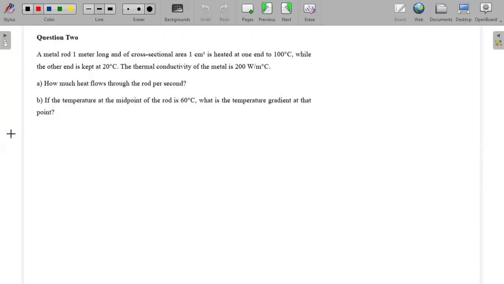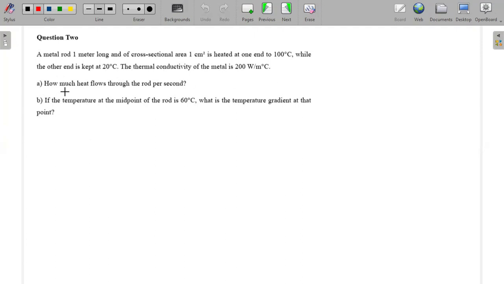Question 2 reads: a metal rod 1 meter long and of cross-sectional area 1 cubic centimeter is heated at one end to 100 degrees Celsius, while the other end is kept at 20 degrees Celsius. The thermal conductivity of the metal is 20 watts per meter degree Celsius.